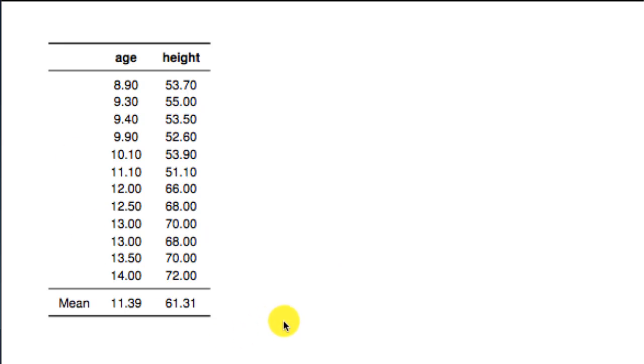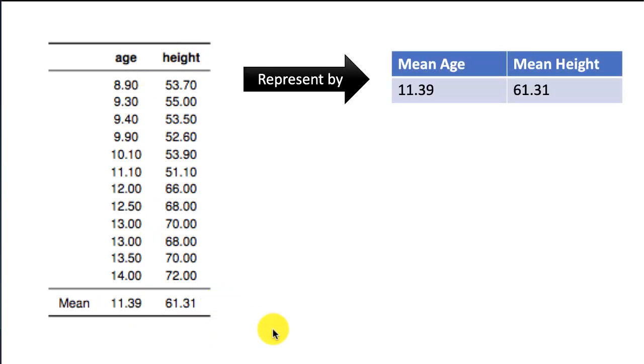Okay, let's take a simple data set here of the ages and heights of a set of people. So this is our data, and of course the mean age is 11.39, the mean height is 61.31. Now one thing you could do is to represent this entire data set simply by the mean of the age and mean of the height, right?